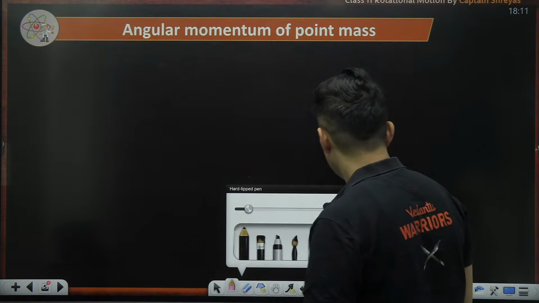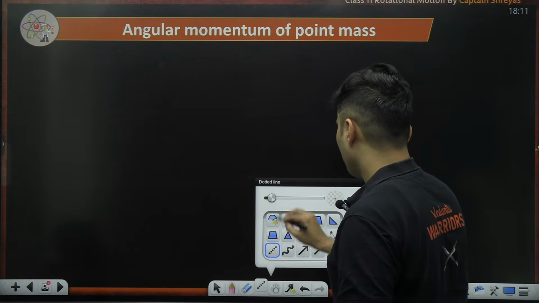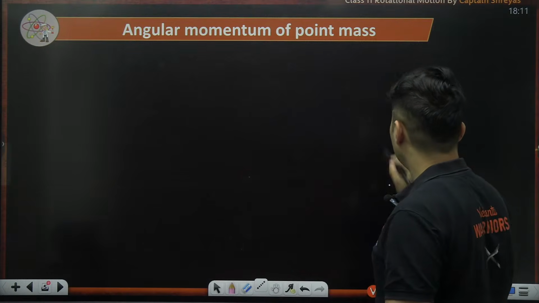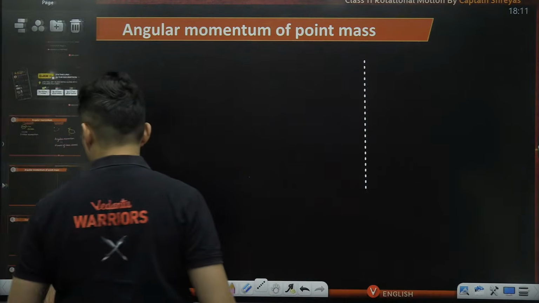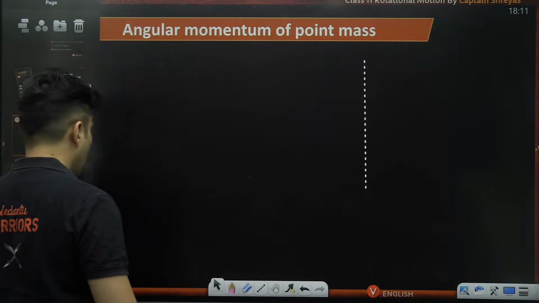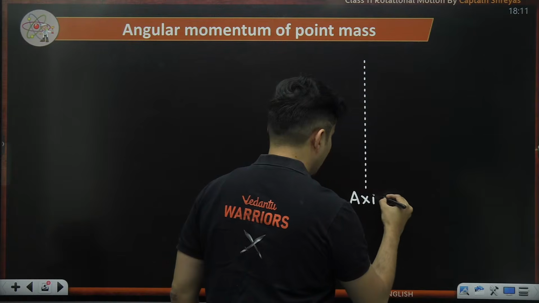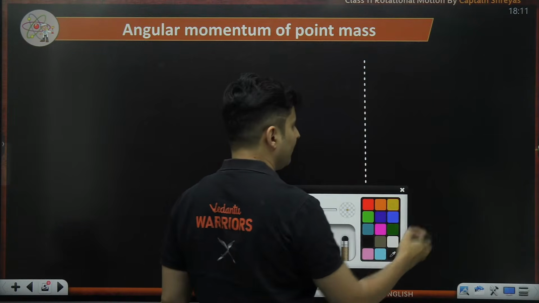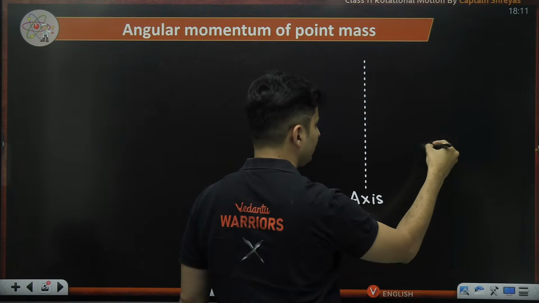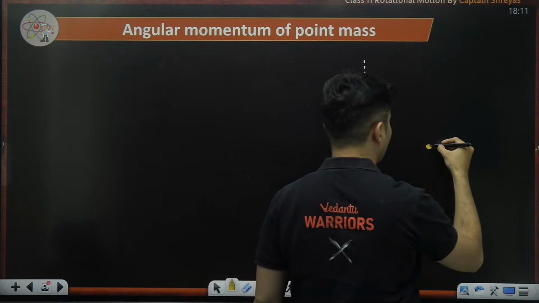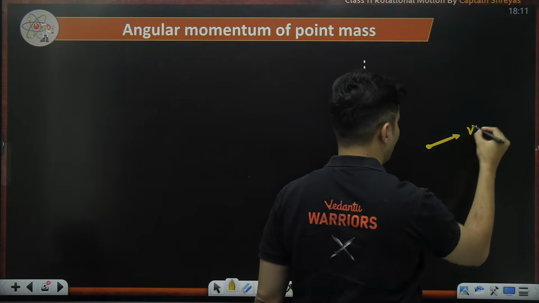So, say for example, we have this particular axis, and I have some mass over here, and let's say that particular mass is going like this with some velocity.